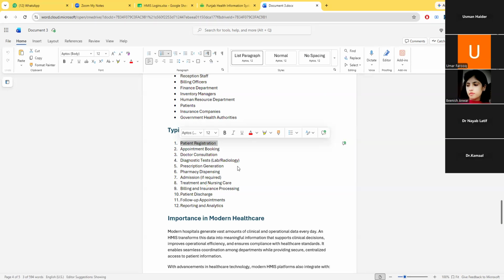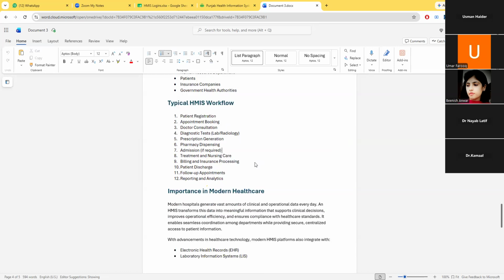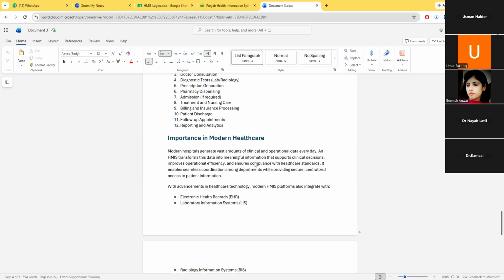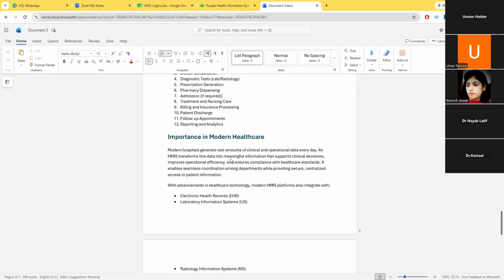Then the appointment booking, doctor consultation, diagnostic tests, lab, radiology, CT scans, prescription generation, pharmacy dispensing, admission of the patient in the IPD or in the emergency, treatment and nursing care, follow-up appointments, and reporting and analysis. So these are the typical HMS flow, which is in any HMS system.